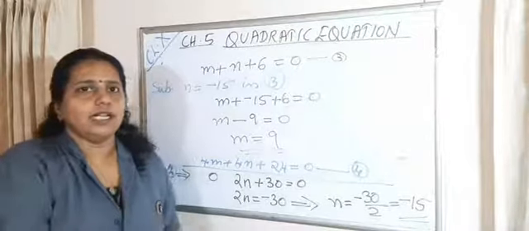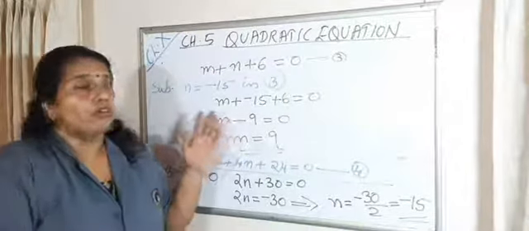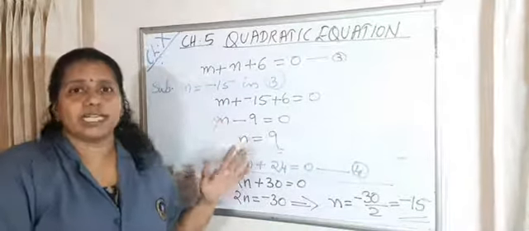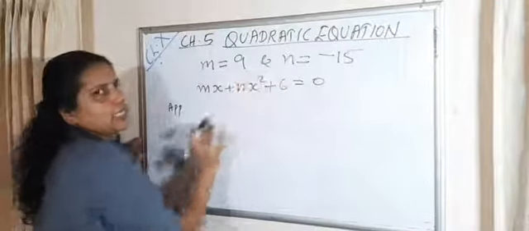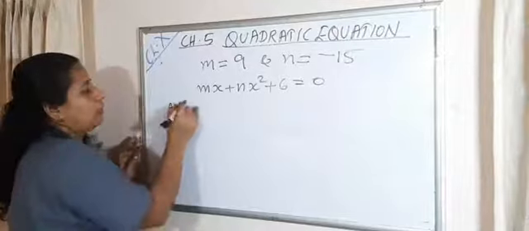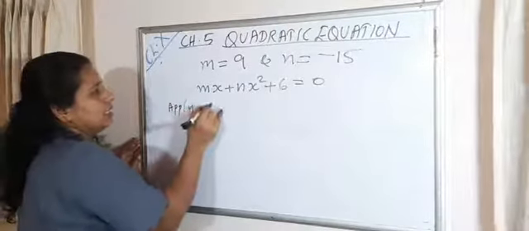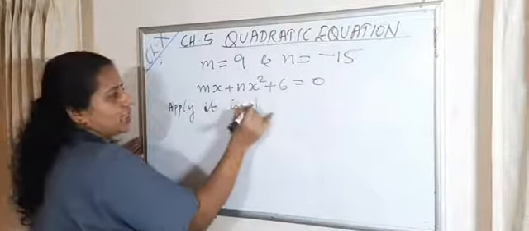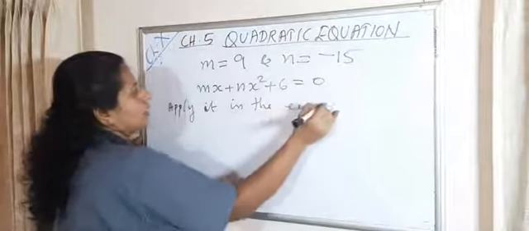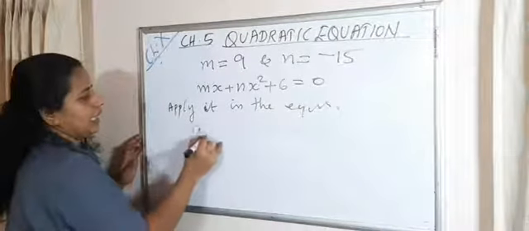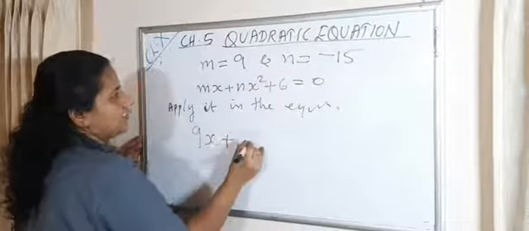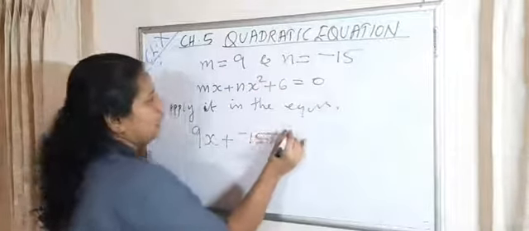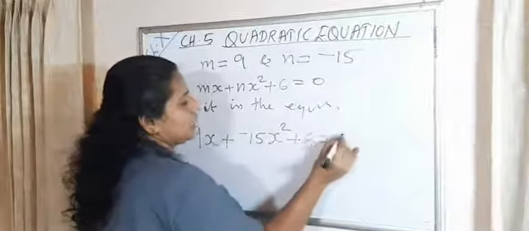Same problem. So we got m is equal to 9 and n is equal to negative 15. Now apply it in the given equation. That is 9x plus negative 15x square plus 6 is equal to 0.